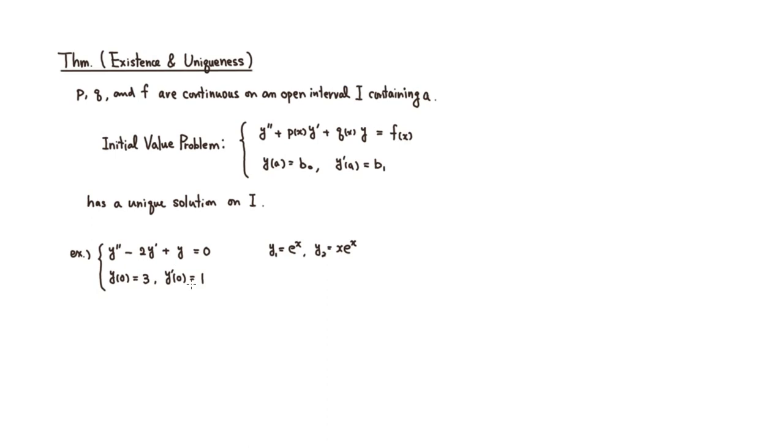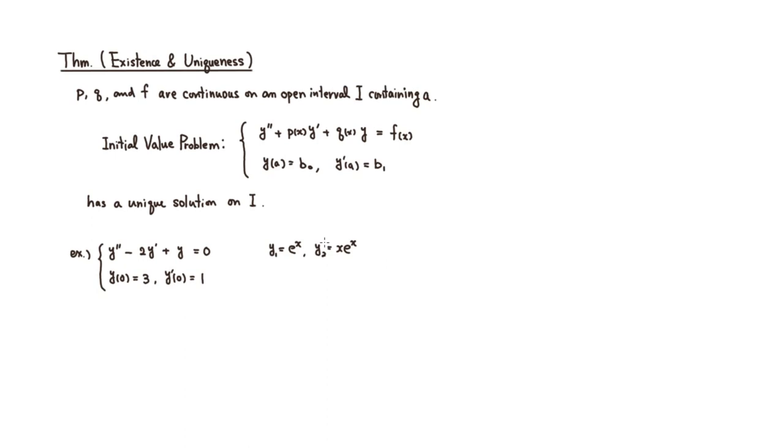Somebody already found two solutions of the differential equation, not necessarily satisfying the initial conditions. The first one is y1, which is e to the x, which satisfies the differential equation perfectly. Another one, y2, is x times e to the x, which also satisfies the differential equation perfectly.